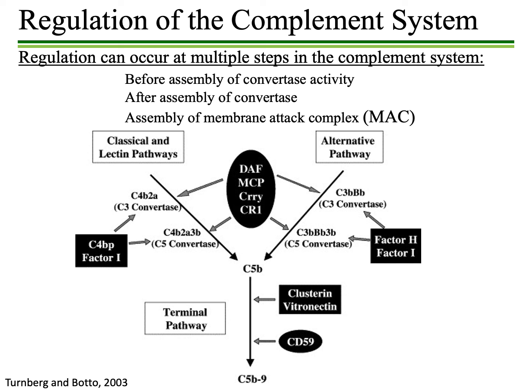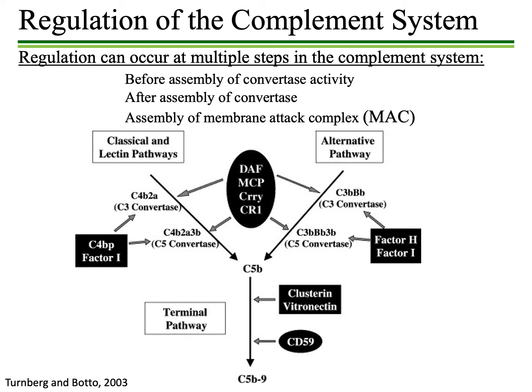The regulation can occur before the assembly of convertase, that is the C3 convertase. So, for example, if you have the C1 macromolecule dissociate, that means it can no longer interact with an antibody and cannot trigger that activation pathway.